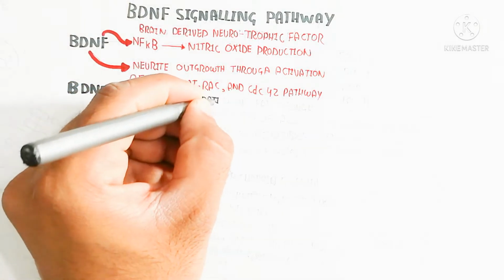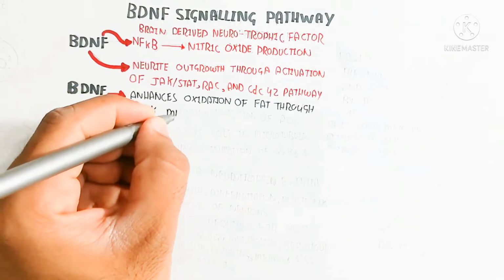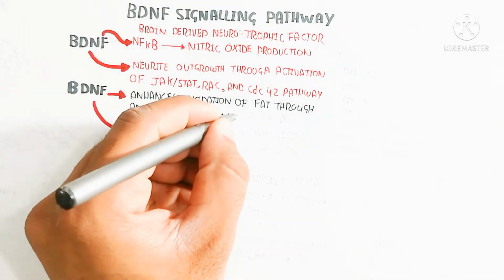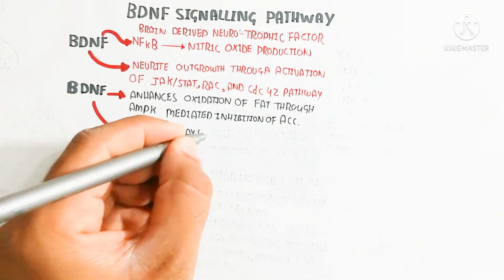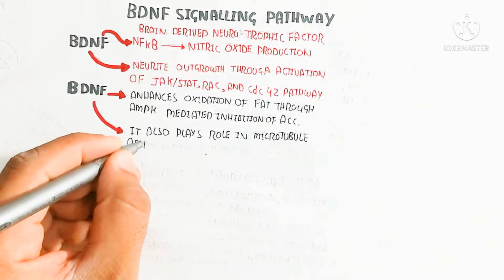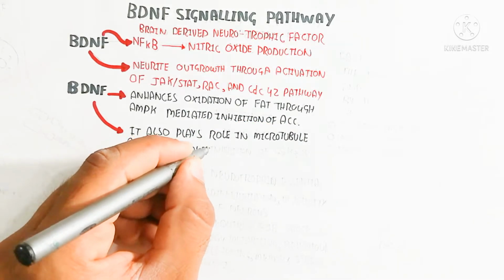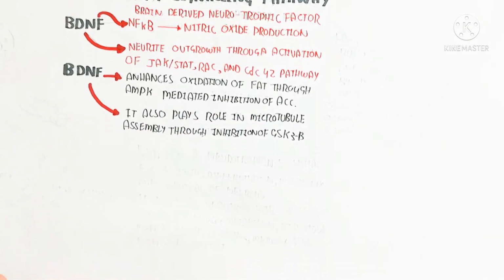pathway. On the other hand, the brain-derived neurotrophic factor enhances the oxidation of fat through AMPK-mediated inhibition of ACC, and it also plays a role in microtubule assembly through inhibition of the glycogen synthase kinase 3 beta enzyme.